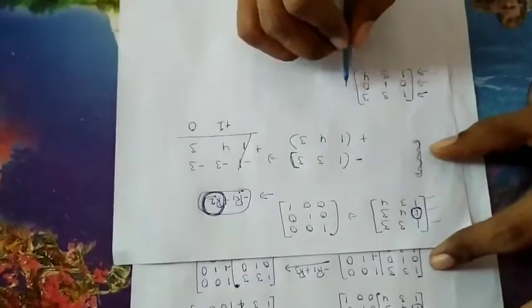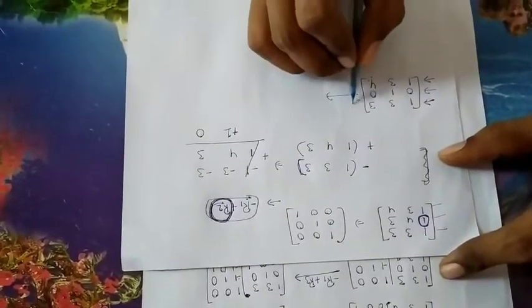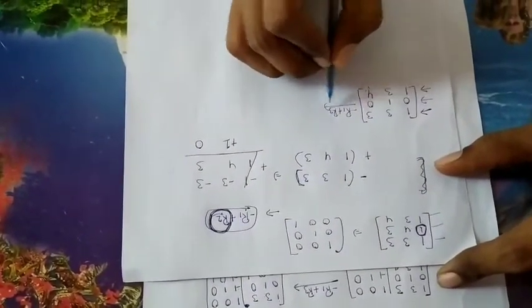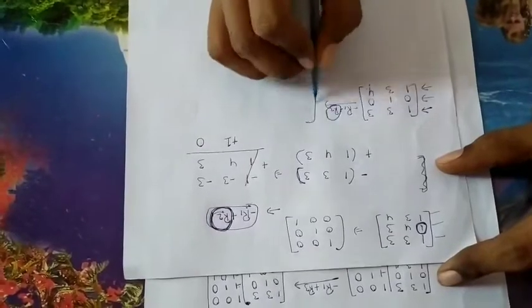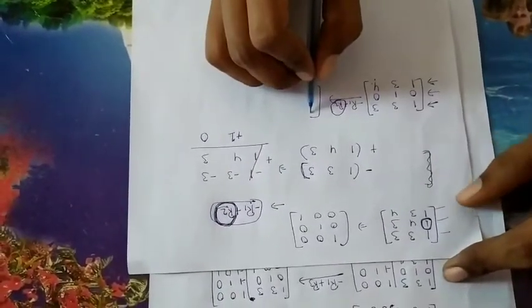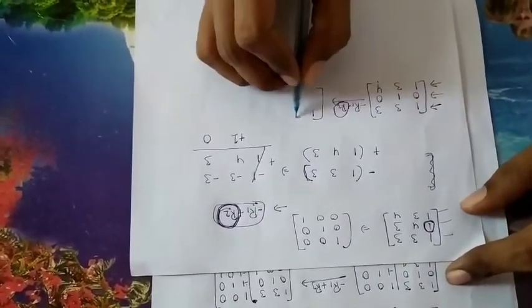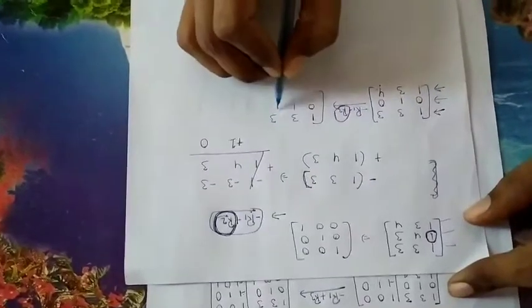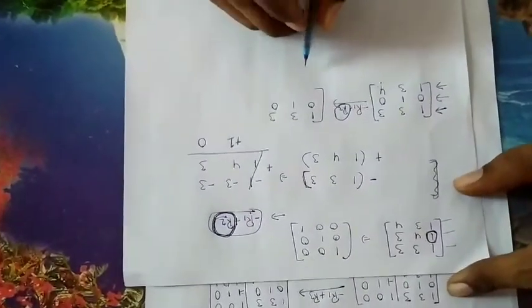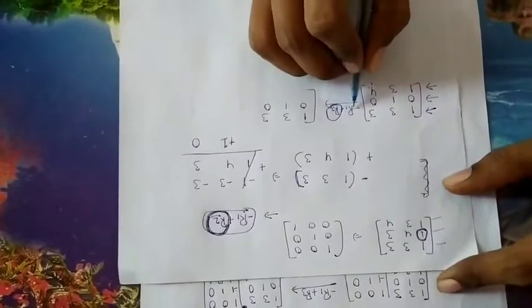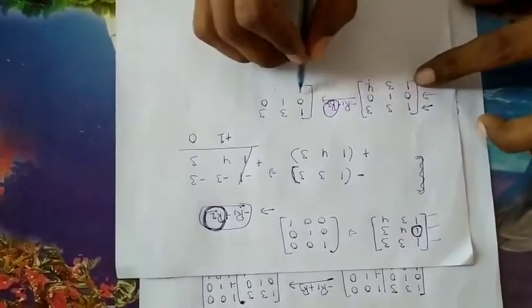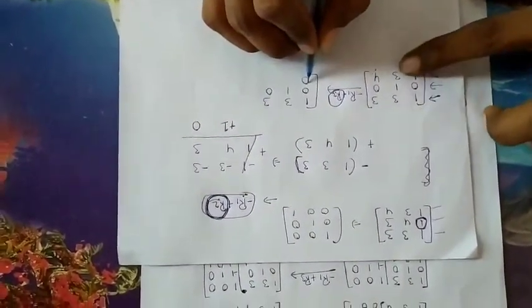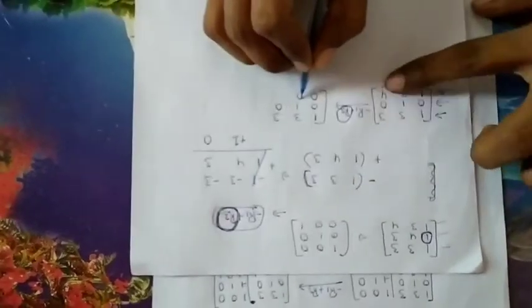Again I do the operation of minus r1 plus r3. In this case, r3 changes, that means the third row of the matrix changes. The first row and second row stay the same, and the third row becomes r3 minus r1. That means 1 minus 1 is 0, 3 minus 3 is 0, 4 minus 3 is 1.